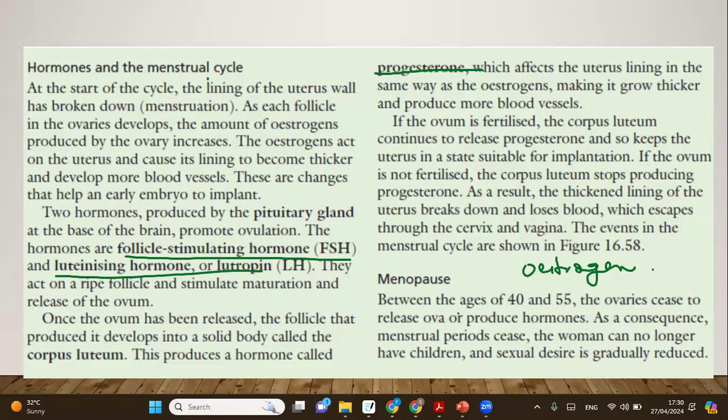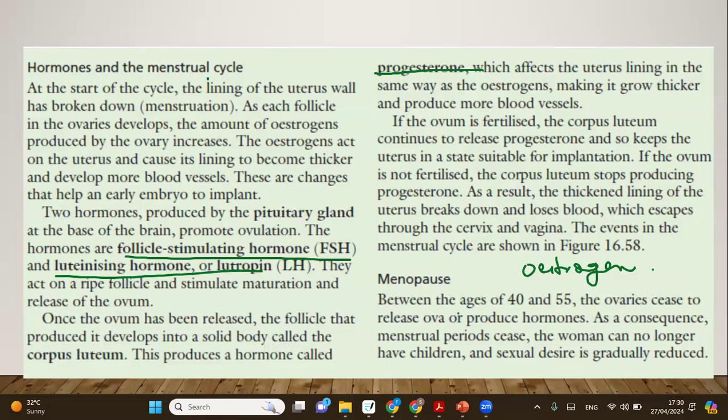Now, I will go over how progesterone and estrogen are made. Estrogen is actually produced by the ovaries. The ovaries are the ones that are going to be producing your estrogen. Progesterone again is also produced by the ovaries. So FSH, LH from the pituitary gland, progesterone and estrogen from the ovaries.